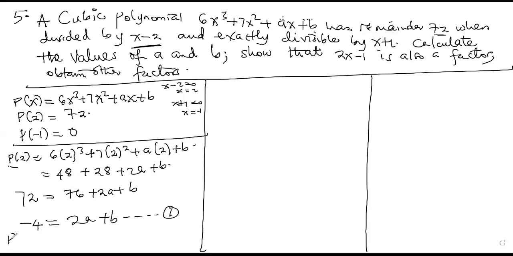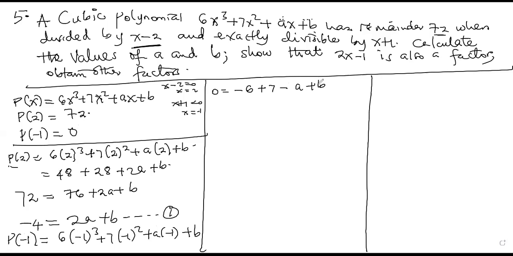Get p of -1. P of -1 is equal to 6 into -1 cubed plus 7 into -1 squared plus a into -1, then plus b. But p of -1 is 0 because the remainder is 0. So 0 is equal to -6 plus 7 minus a plus b.